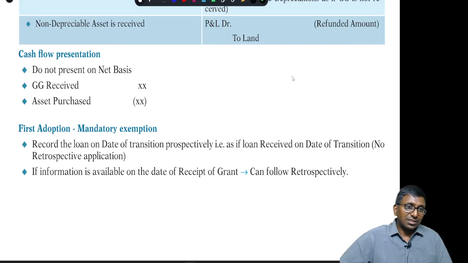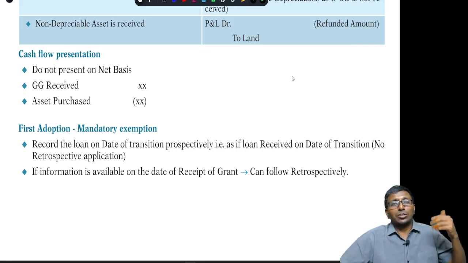Okay, in case of first adoption, it is a mandatory exemption. Even though you received the government grant in the past, suppose your company has recorded it as a capital reserve, now transfer it to your retained earnings.